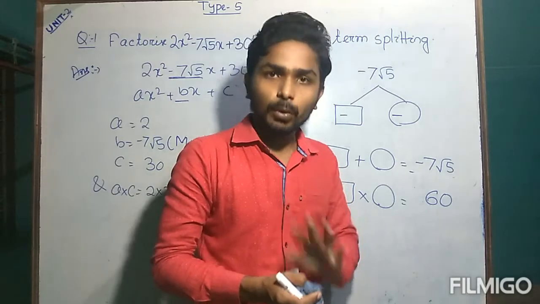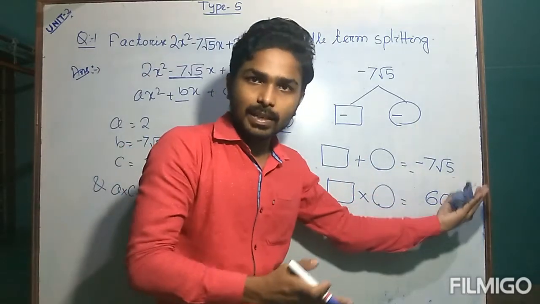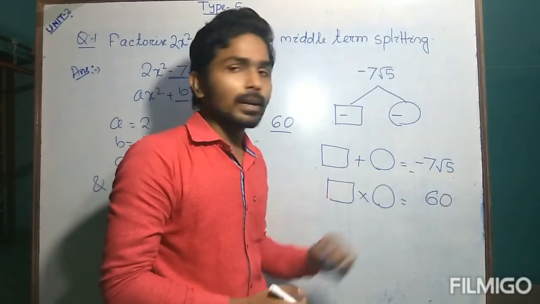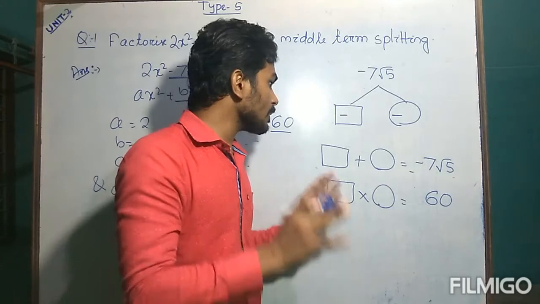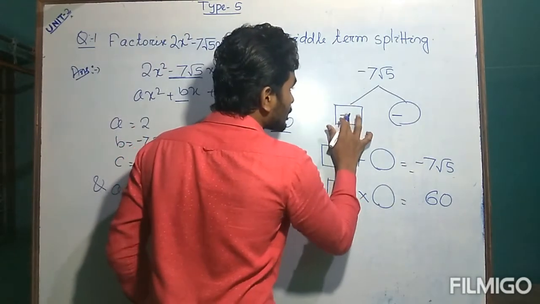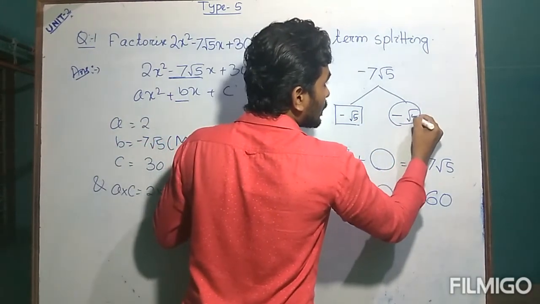As I have already told you, two irrational numbers are added to give an irrational number. Since it contains a root 5, these two terms must contain a square root 5. So it must be square root 5 and it must be square root 5.